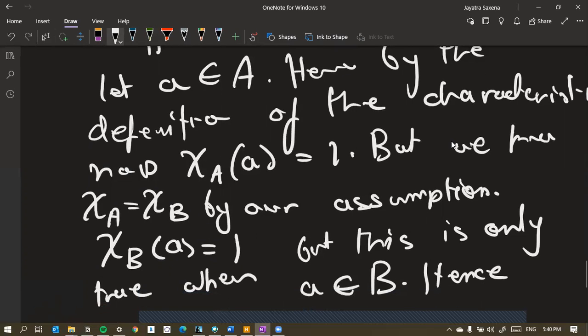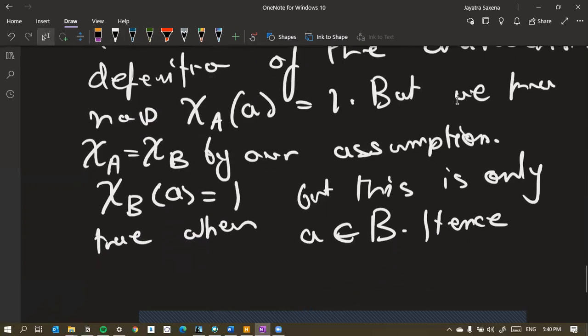We have started with an arbitrary element in A, and by our argumentation, we've come to the conclusion that it is also an element in B. Hence, A is a subset of B.